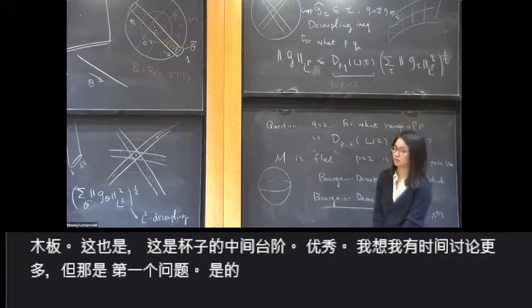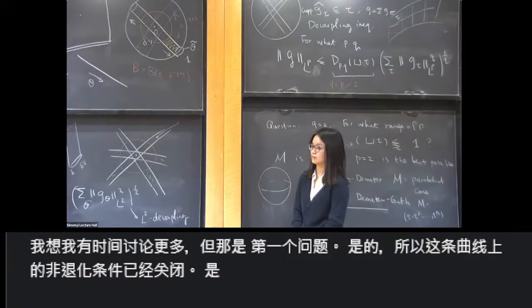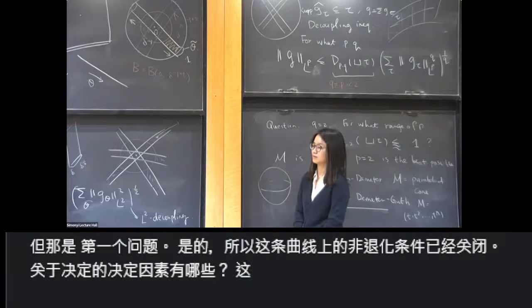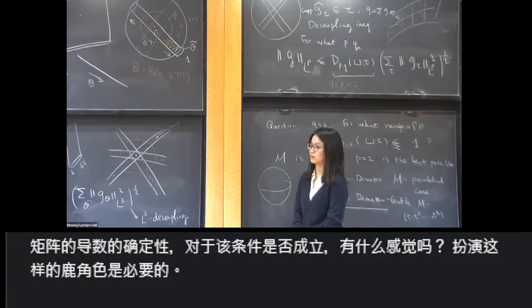Yeah, so the non-degeneracy condition that you've imposed on this curve is about the determinants. Is there any feeling for whether that condition is necessary for such a theorem to hold?